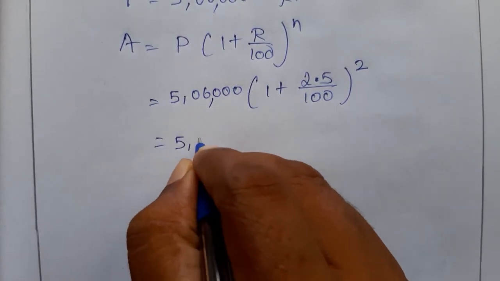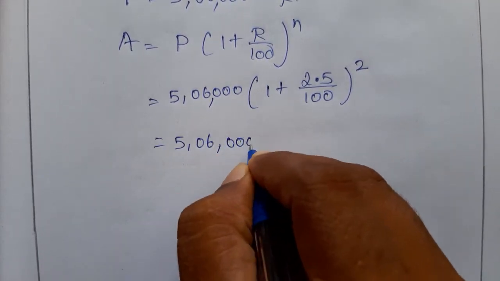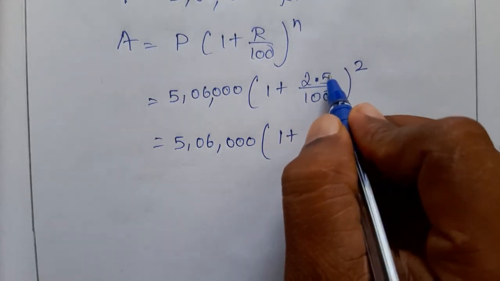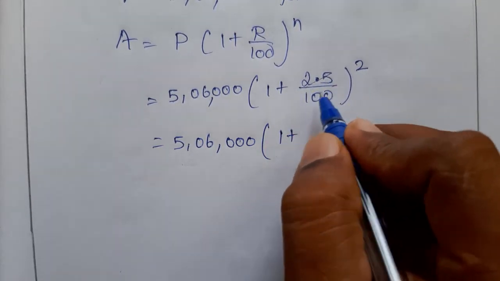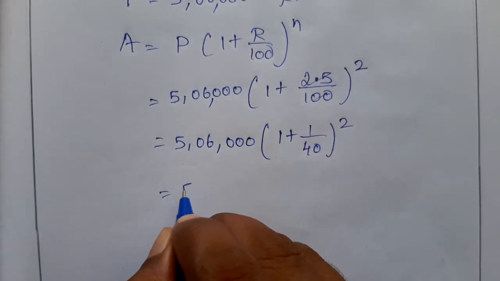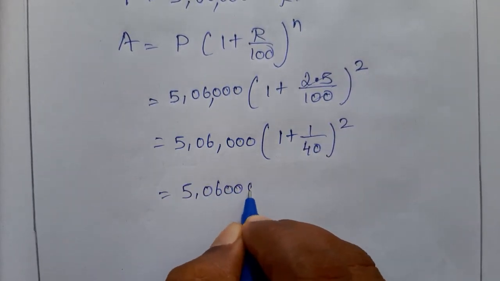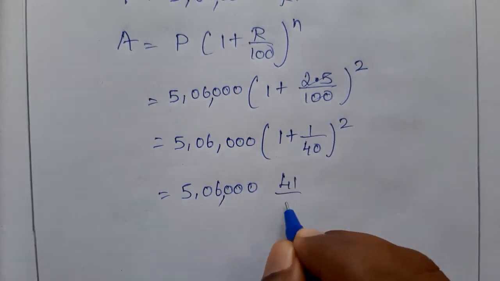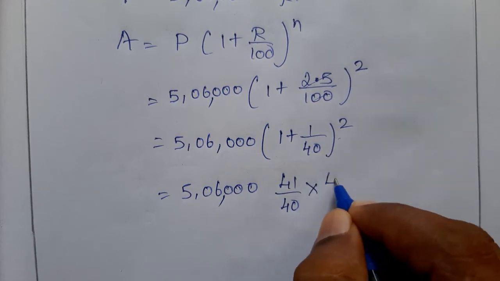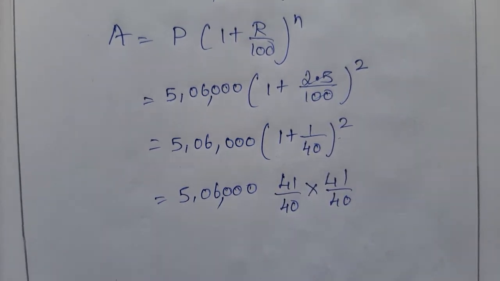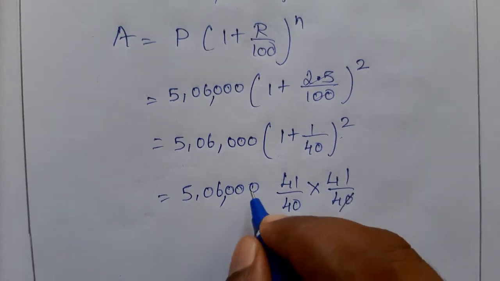We can consider 2.5 by 100 as 25 by 1000, which is 1 by 40. So 1 by 40, the whole square, equals 5,06,000 into (40 plus 1) by 40, which is 41 by 40. Since it is a square we need it twice, right? Now we have to simplify.